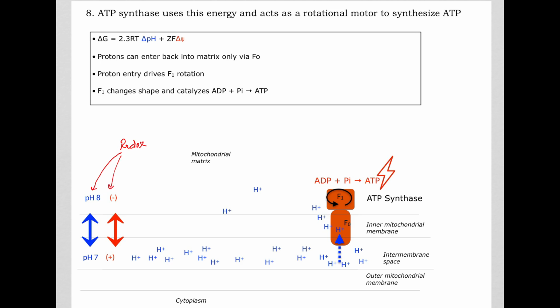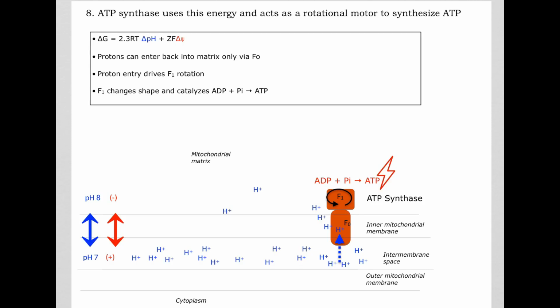That's wonderful, but it still doesn't answer the question: how is all this connected to the synthesis of ATP? How is this energy that is available from these protons used to make ATP?